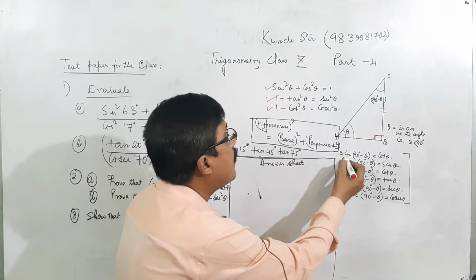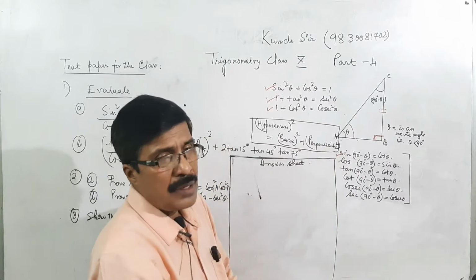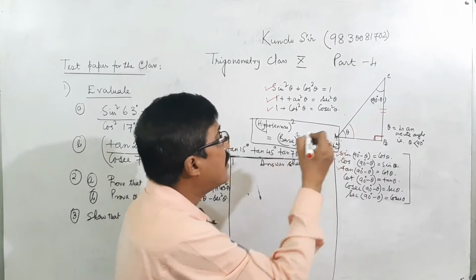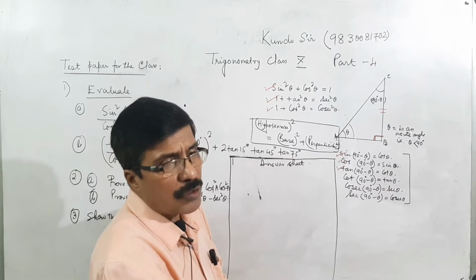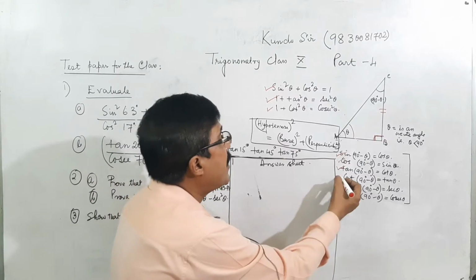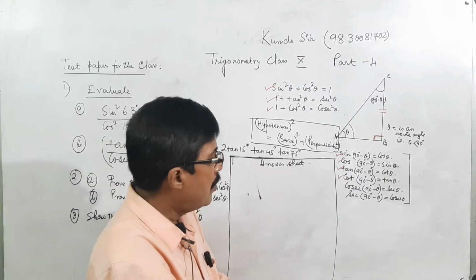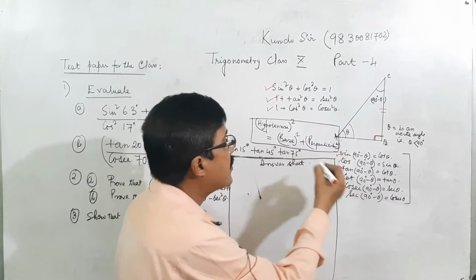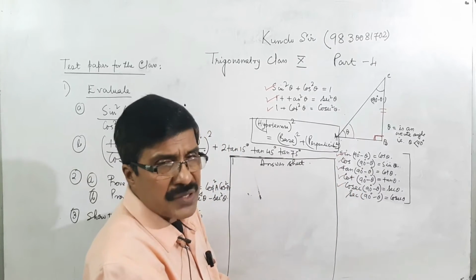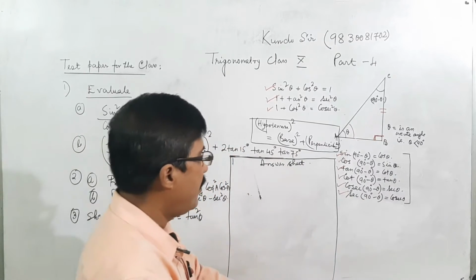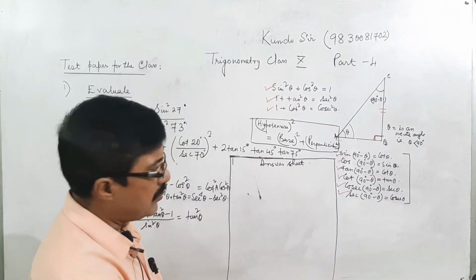Cos 90 degree minus theta equals sin theta. Tan 90 degree minus theta equals cot theta. Cot 90 degree minus theta equals tan theta. Cosec 90 degree minus theta equals sec theta. Sec 90 degree minus theta equals cosec theta.